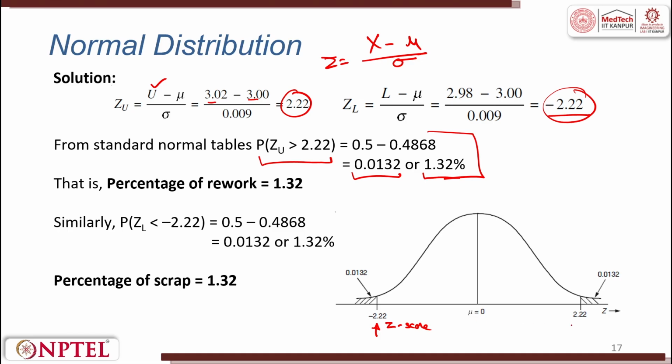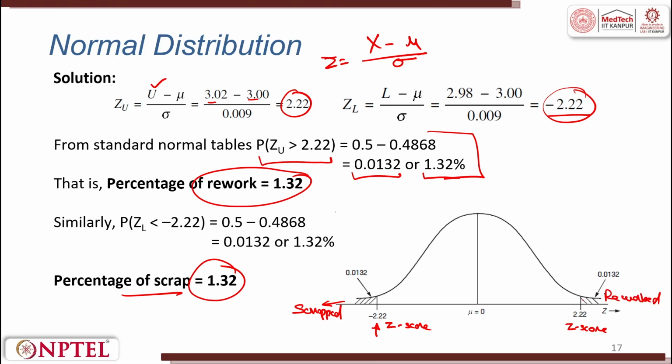Here mu is equal to 0, here it is the z score of plus 2.22, and here on the left hand side you see 1.32% of the shafts are scrapped, it is given here, and 1.32% is reworked here, so that we reduce the diameter to exactly 3 centimeters. This is a standard normal distribution.